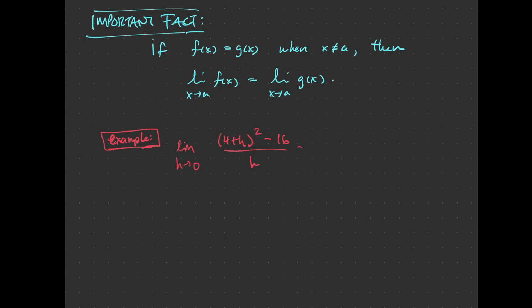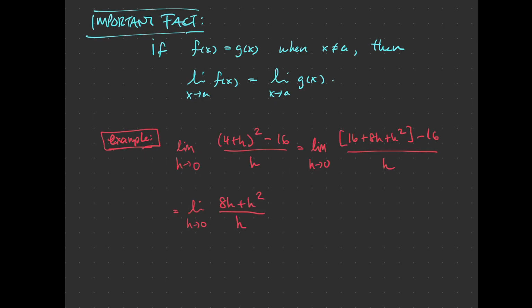However, if we massage this a little bit using some algebra, we distribute the terms in the top. We'll get 16 plus 8h plus h squared minus 16 all over h. We see the 16s cancel. We're left with the limit as h goes to 0 of 8h plus h squared all over h.